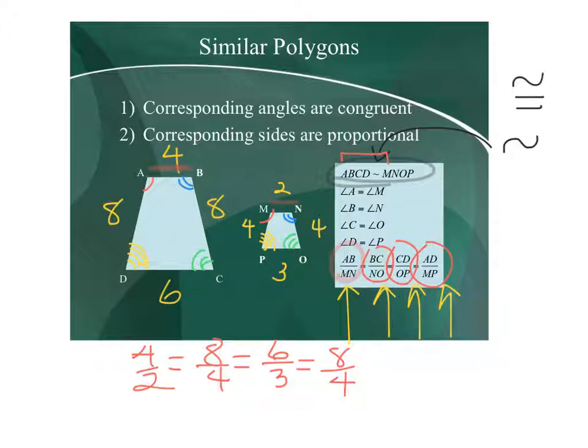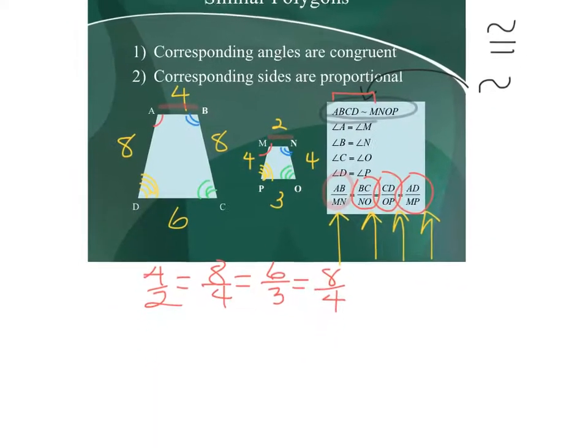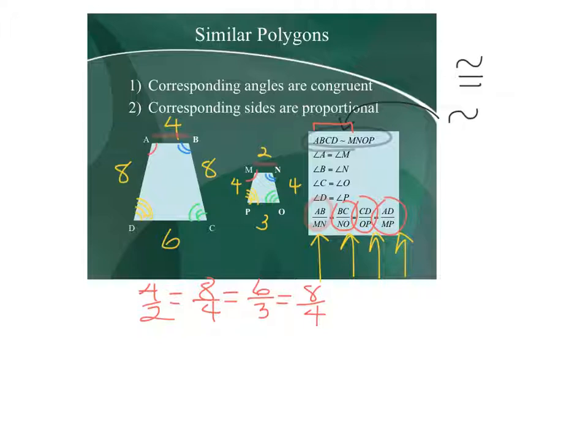Notice all 4 of these ratios, or all 4 of these fractions, all simplify to 2 over 1. So because all of the sides are proportional, these figures are similar.